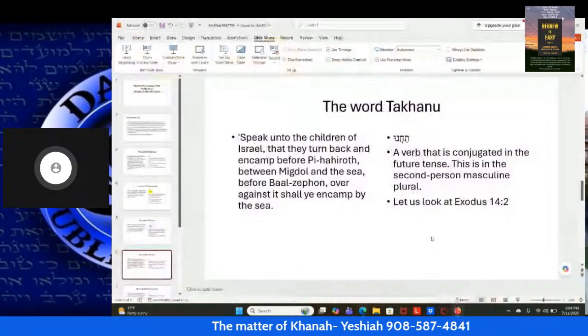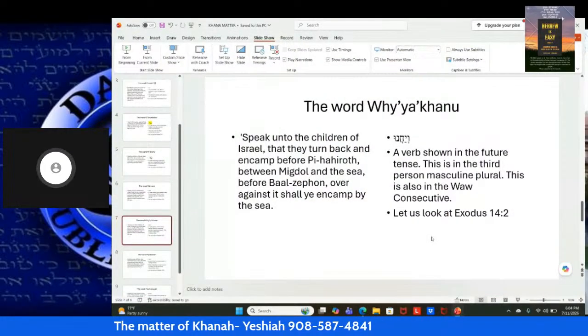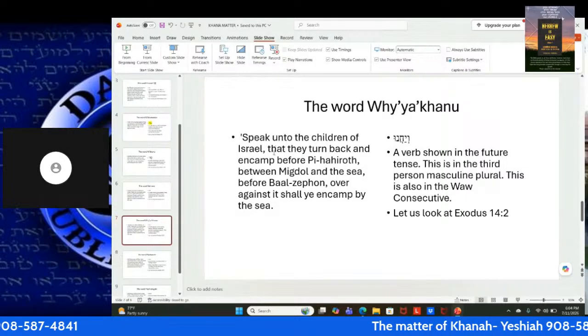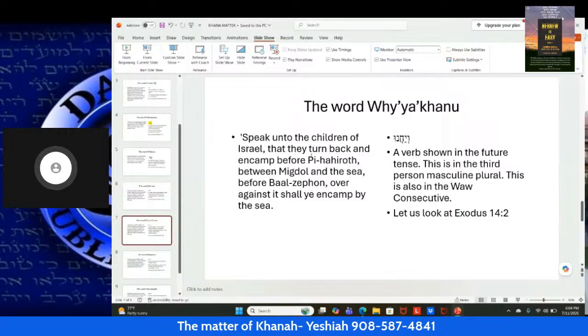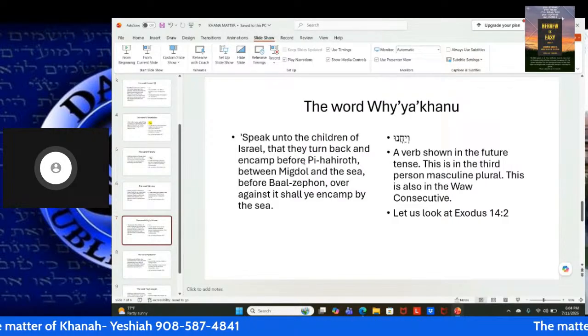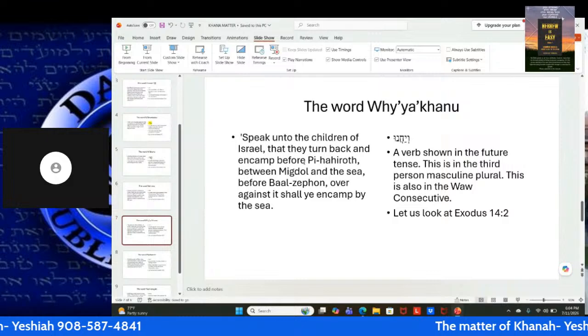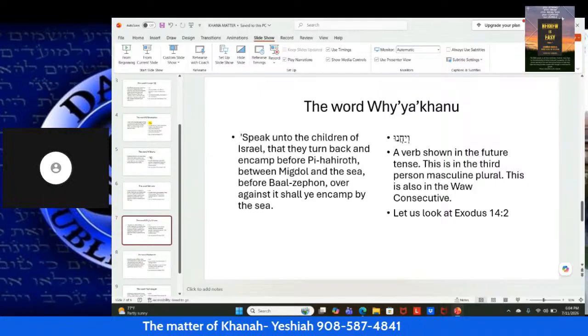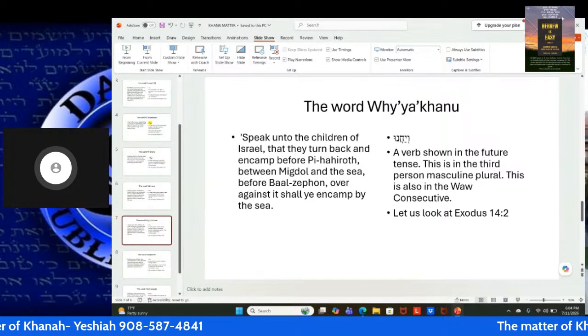And let's continue. The word Wayakhanu: speak unto the children of Israel that they turn back and encamp before Pihahiroth. Now, this is the same verse that we just went over, brothers and sisters, a verb shown in the future tense. This is in the third person masculine plural.